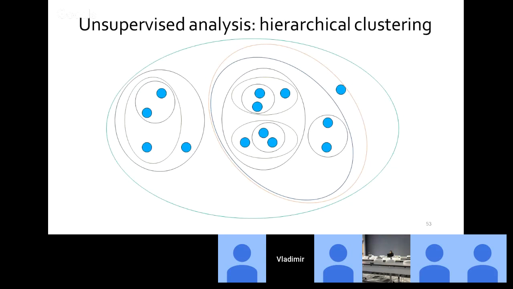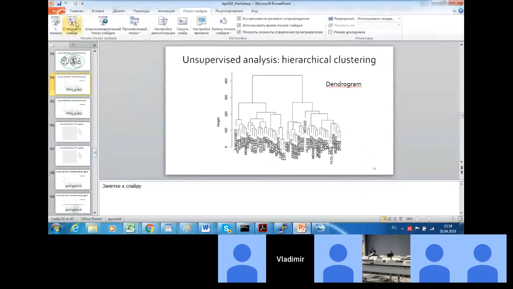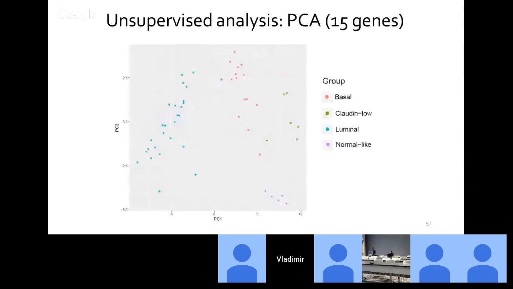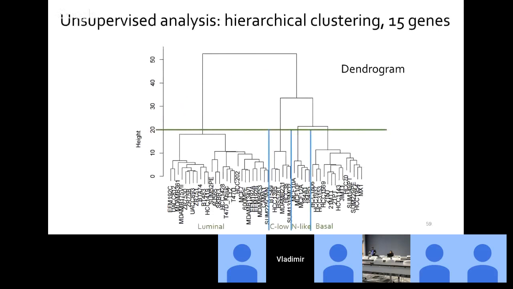And surprisingly, in our case, these four clusters just perfectly coincide with samples associated with each subtype of breast cancer.